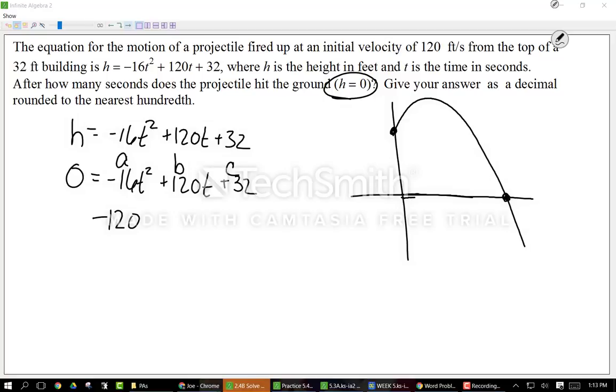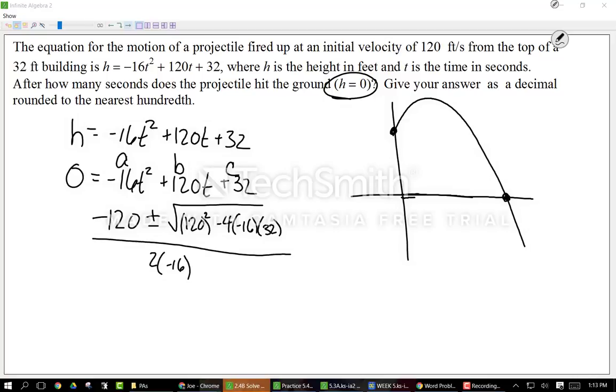-120, remember the opposite of b, plus or minus the square root of 120 squared minus 4 times a times c, over 2 times a. All right, that looks okay. I mean, we've done this before. It looks pretty good.